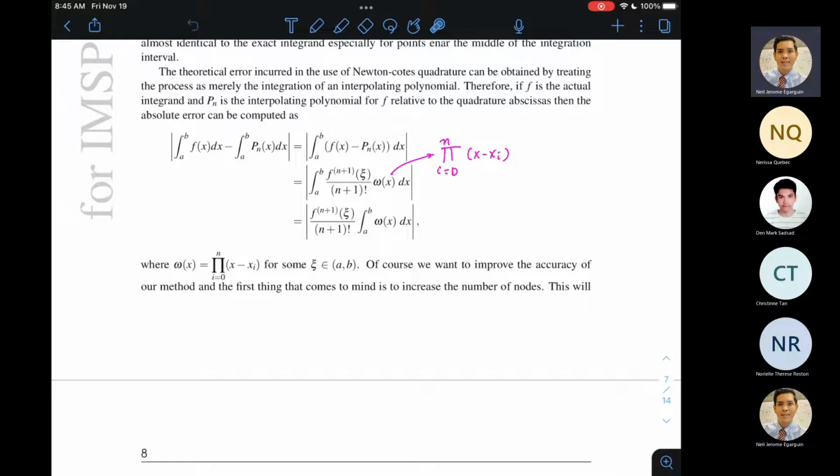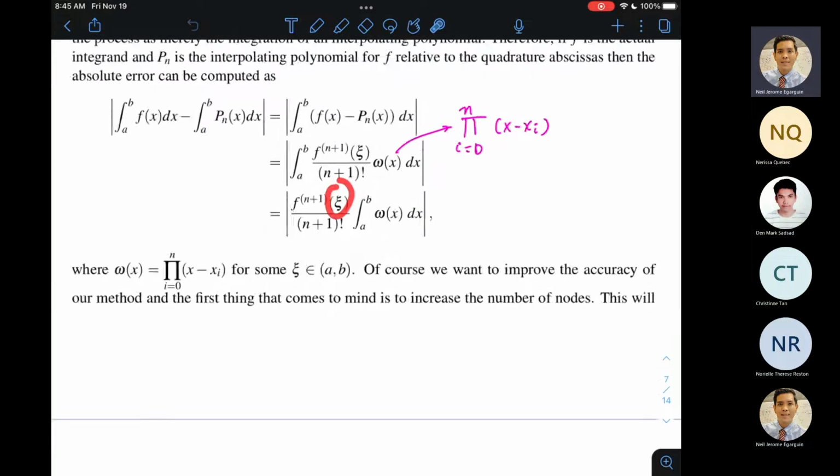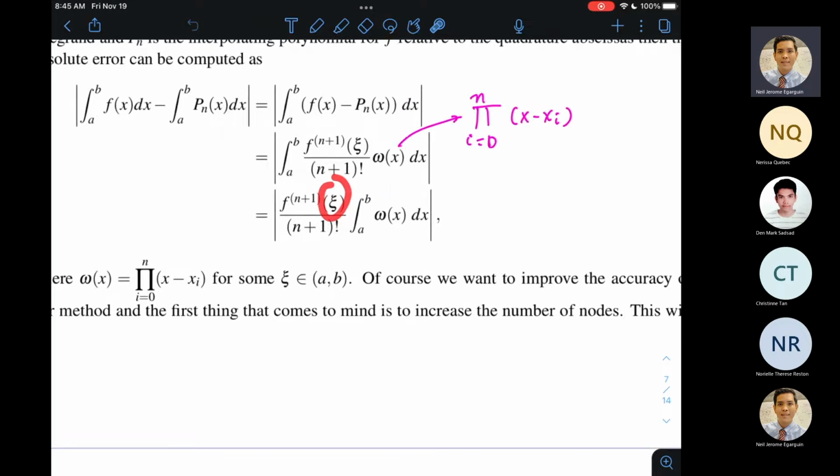So the error now for the Newton-Cotes formula, which is the absolute difference between the actual integral and the integral of the interpolating polynomial, which we substituted for the actual integrand f, is actually equal to the same derivative factor that we have seen from the error in the interpolation, right? So it's the n+1 derivative of f evaluated at the number c all over n+1 factorial, all right? Times, instead of just omega of x, it would be the integral of omega of x over the interval AB.